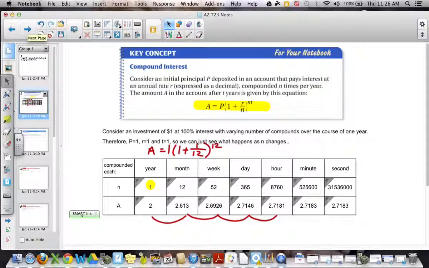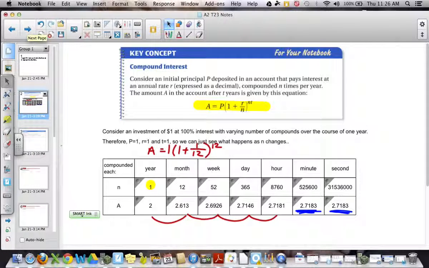What we see is that as we compound more and more times, we end up getting closer and closer to this value. If we go to 4 decimal places, we ended up with the same value when we compounded by the minute and when we compounded by the second, 2.7183.